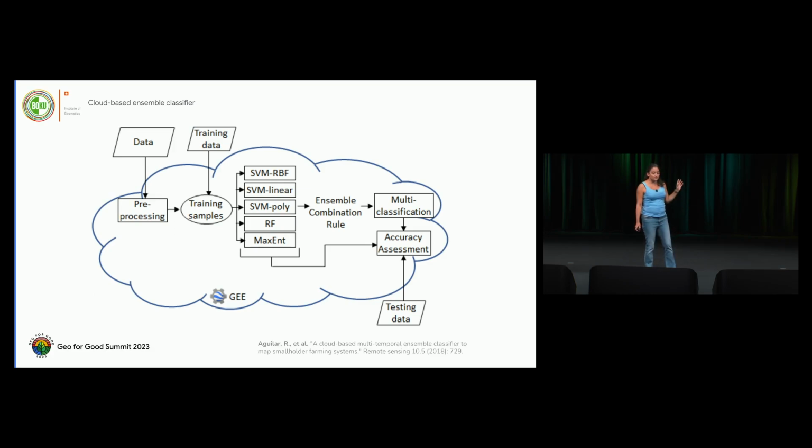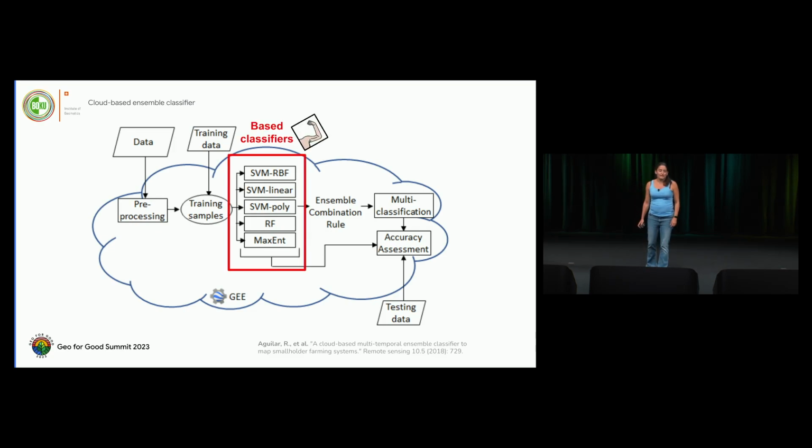So we started with some data, WorldView-2 data, and then we focused on trying to classify with 5 different base classifiers. In that case, we selected different combination rules, and the combination rules are based on a weight.